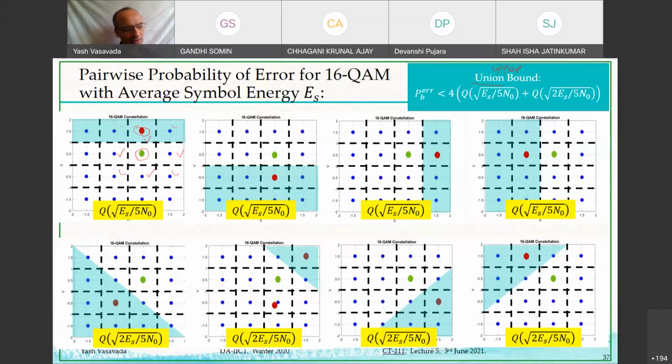Why 2? Because for 8PSK or QPSK, even for 16APSK, the nearest symbols are just two symbols, one on this side, the other on the other side. And it gives a reasonable approximation to the actual simulated error probability.